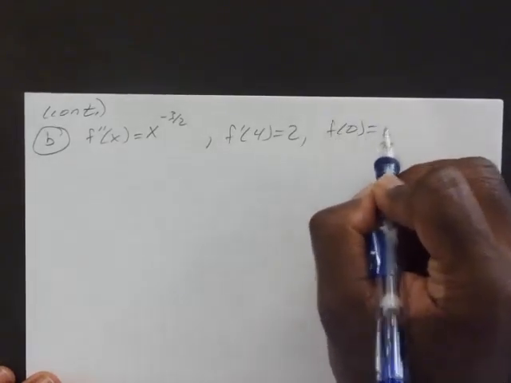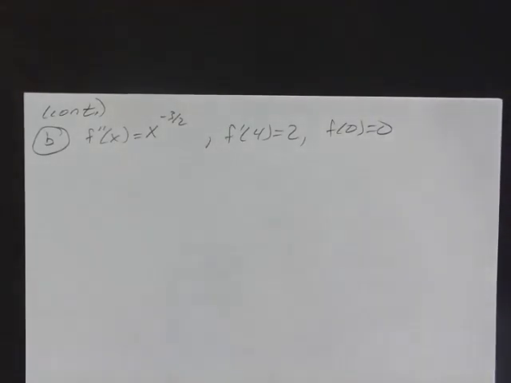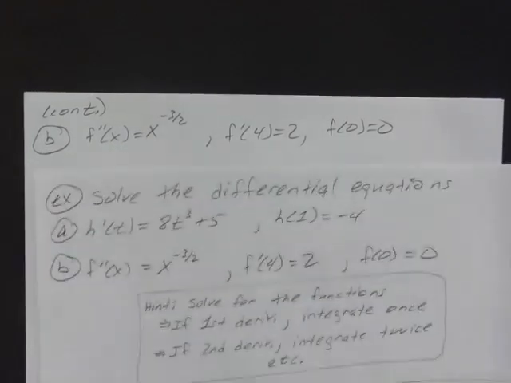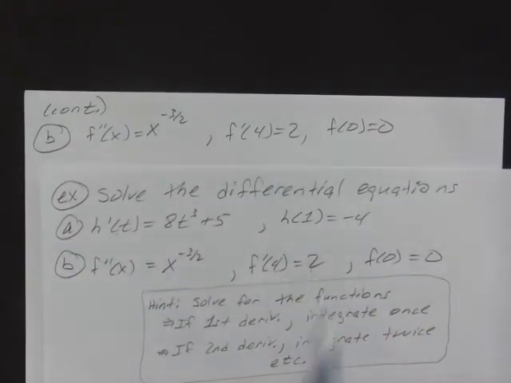And f of 0 is equal to 0. Oh, number 4 is equal to, make sure I wrote that. Nope, that should be f prime of 4 is equal to 2. I'm glad I did double check that. So on the first page should be f prime of 4 is equal to 2.